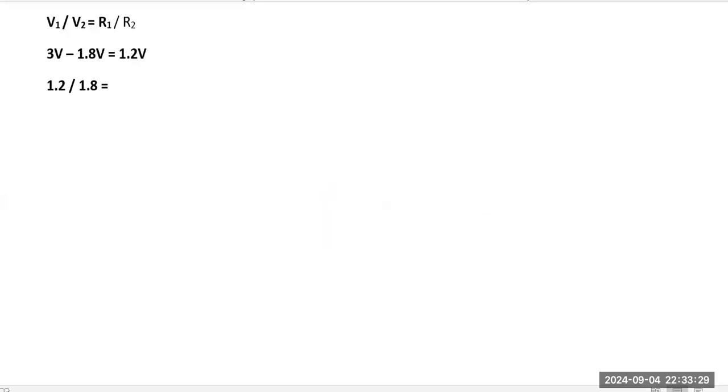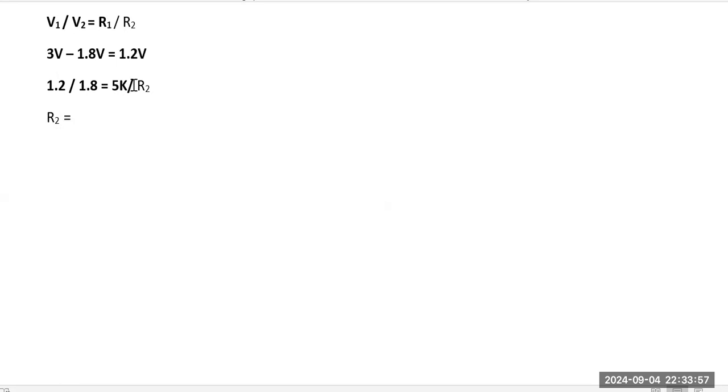Okay, just like the 5 kilo only divided by R2. You have to find the value of R2. That is why you will write here only R2. Now rearrange the formula, then you will easily get your answer.